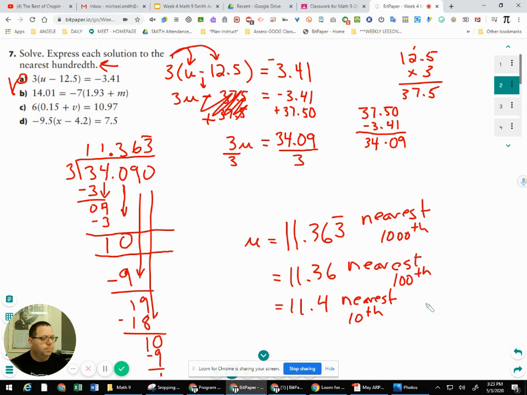Okay, so this technically is our answer because that's following the instructions. All right, hopefully that helped, and we'll carry on.